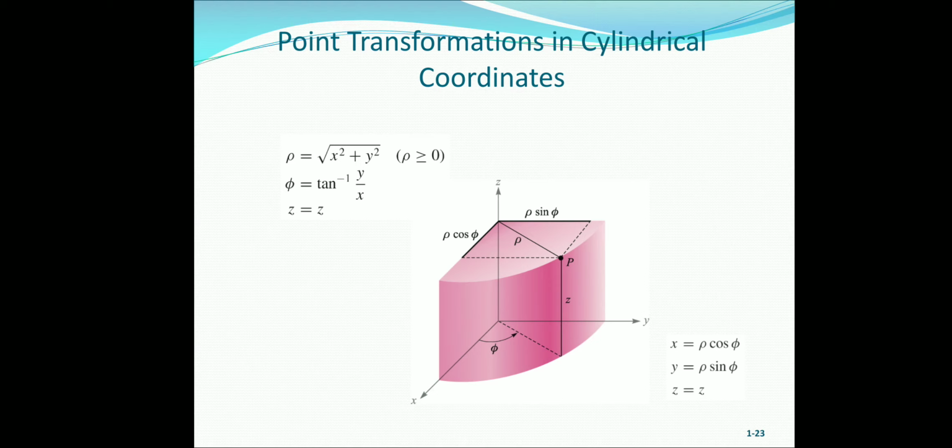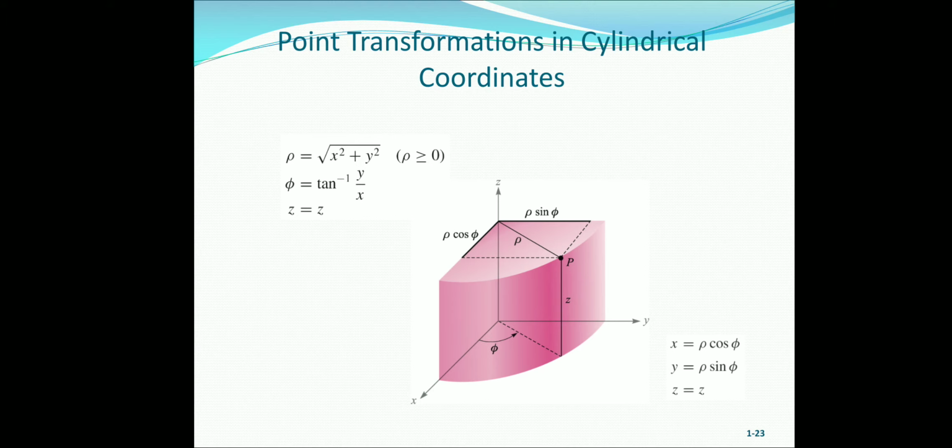The height from that intersection to the point P is taken as z, and that point makes an angle phi with the x-axis, and the side of that intersection is the same as the radius rho itself. So we have angle phi, and the hypotenuse is rho, then the opposite side is rho sin phi, and the adjacent side is rho cos phi.